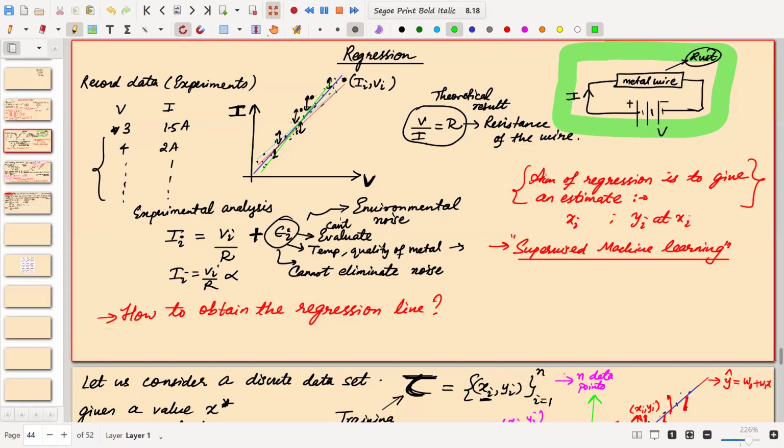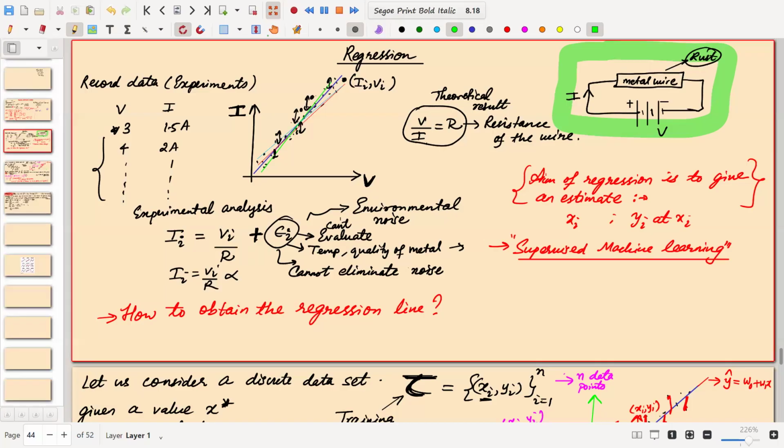So what to do? The idea is, can we construct the data points in the VI plane? And then you will see that the points are all scattered. If the points are all scattered, we try to understand how we can have a formula for it, or how we can approximate or estimate.